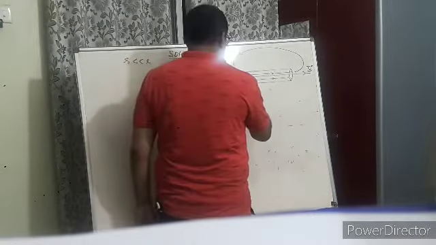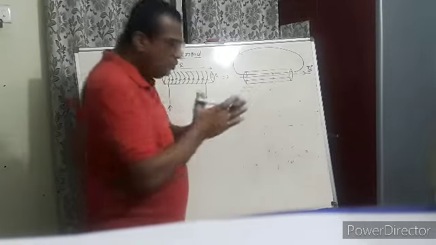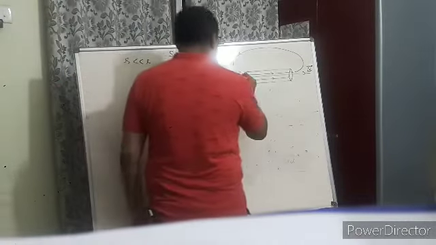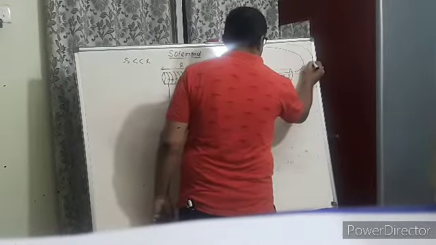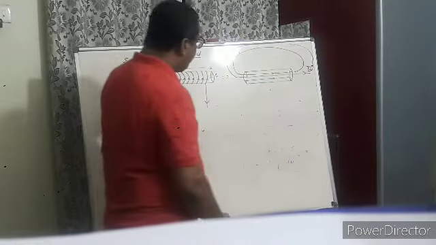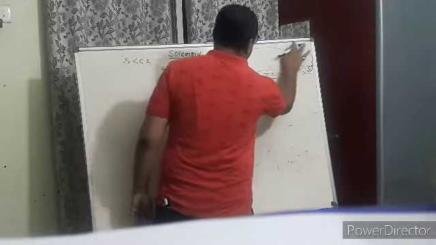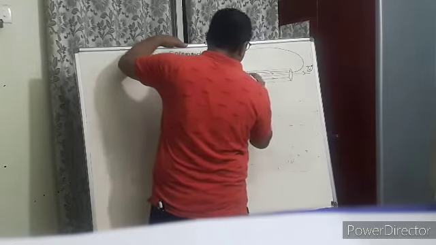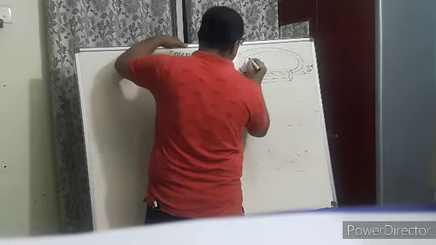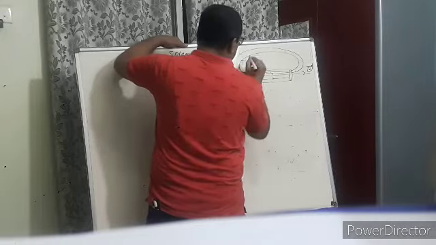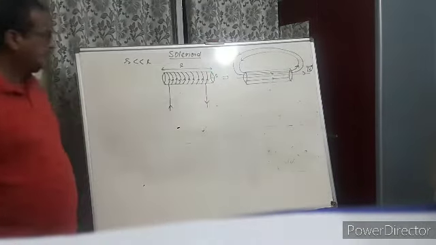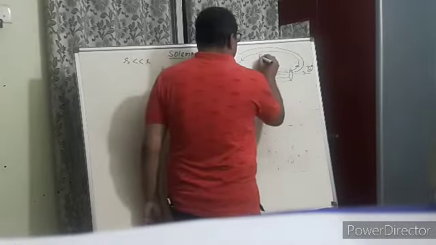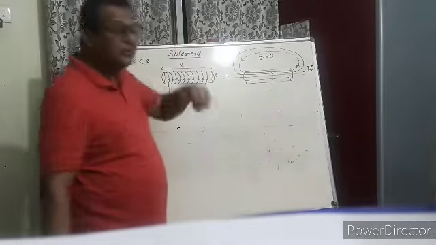Inside, the lines are very close. It means there is a high magnetic field at the core. But outside, the lines are far apart, so the magnetic field will be weak outside. Here the magnetic field will be approximately 0 outside the core.